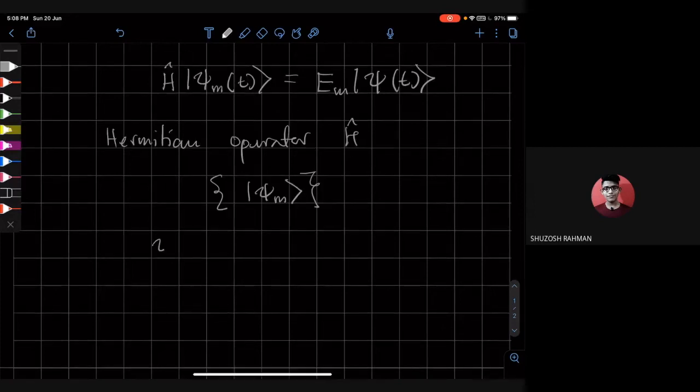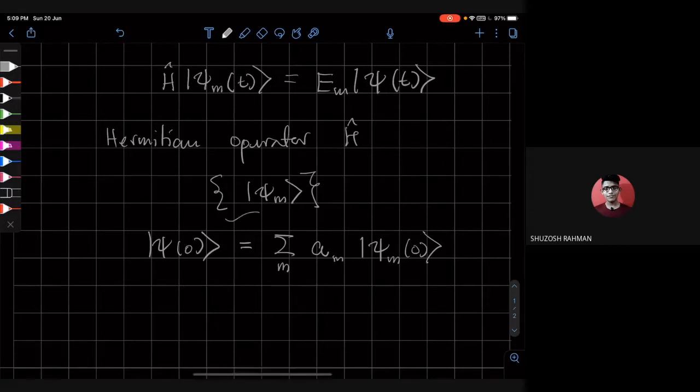That means that any state psi at, let's take the time to be t equals 0, can be expressed as a linear combination of the energy eigenstates.